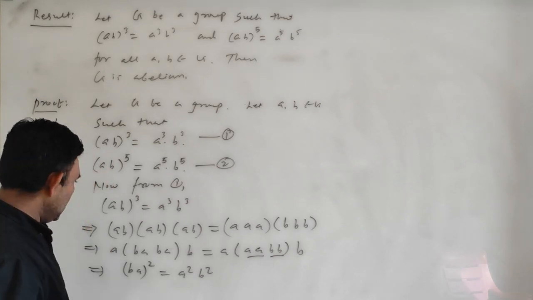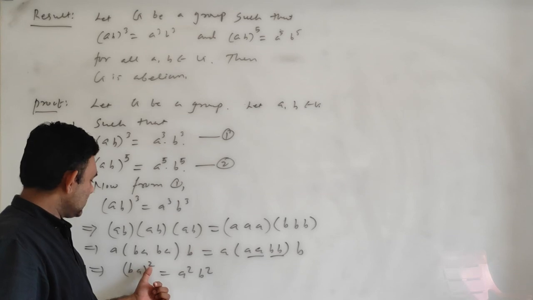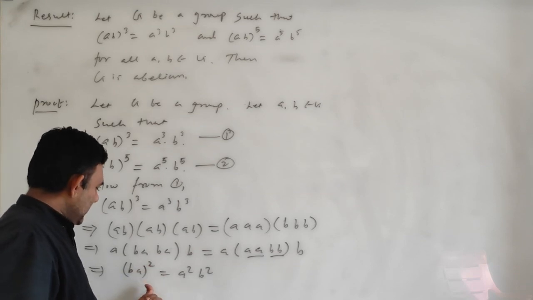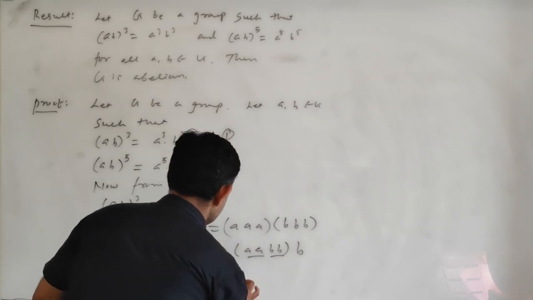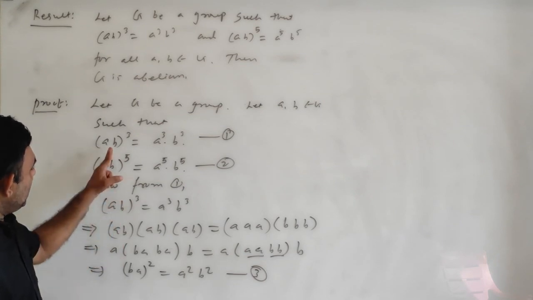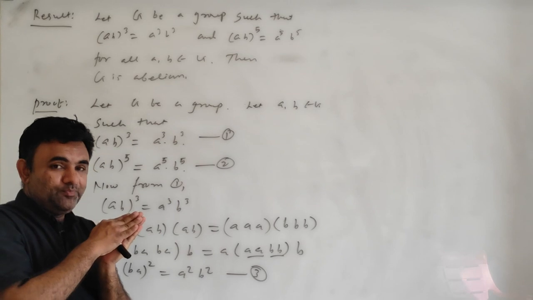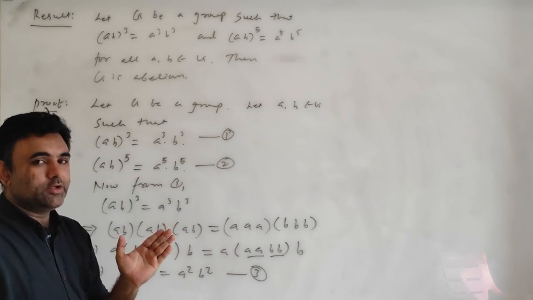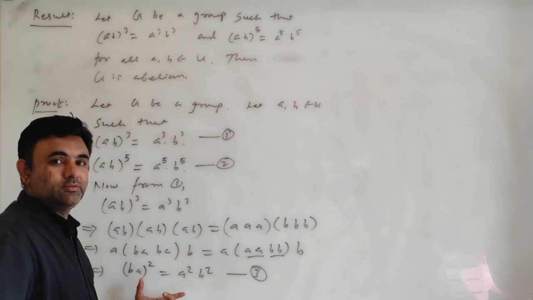So what I have proved here is that if I have (BA)^2, then I can distribute this power 2 in reverse order, A^2 B^2. That is a nice information. Let me say it is result number 3. If (AB)^3 equals A^3 B^3, meaning I can distribute 3 power left to right, then I can distribute 2 power in reverse order. That is the meaning of this result.